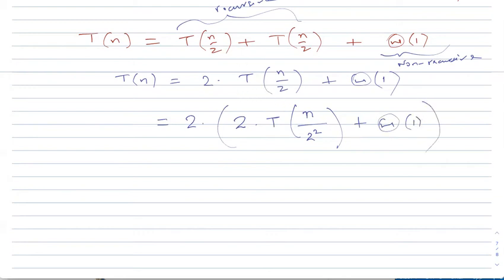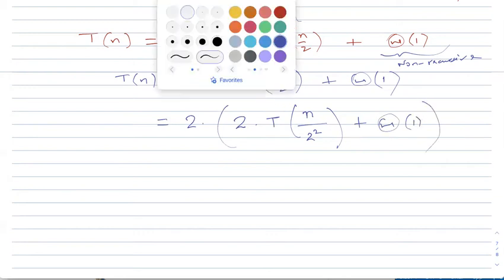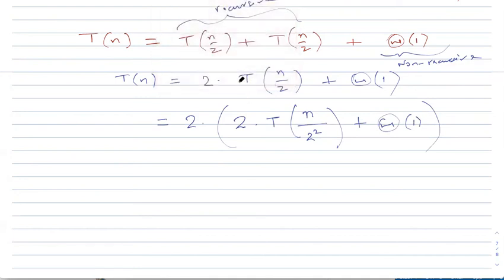All I did at this step is just expand this guy based on this equation that we wrote. I just substituted n for n by 2, so it became n by 2 divided by 2, so it's n by 2 square, and it was 2 times, so that 2 times comes here, plus order of 1.